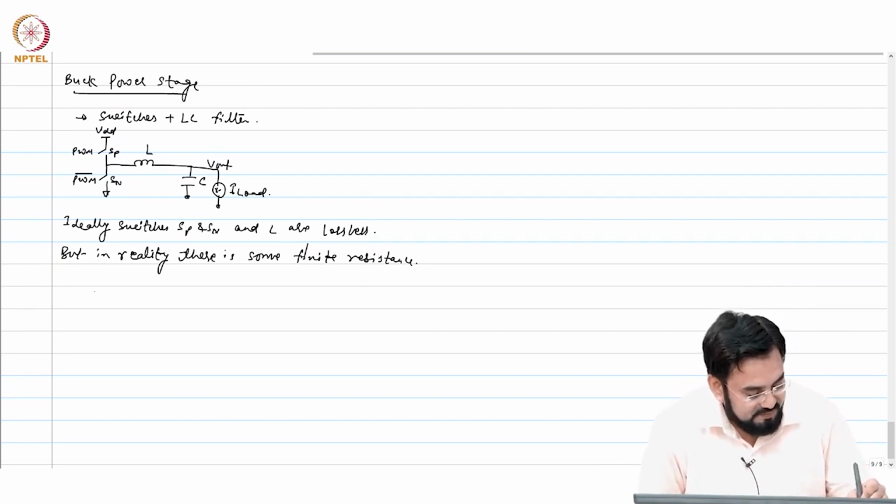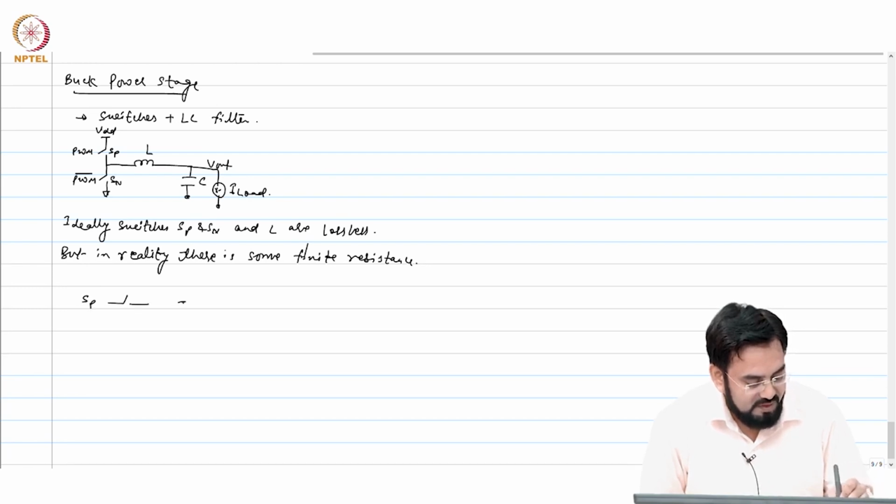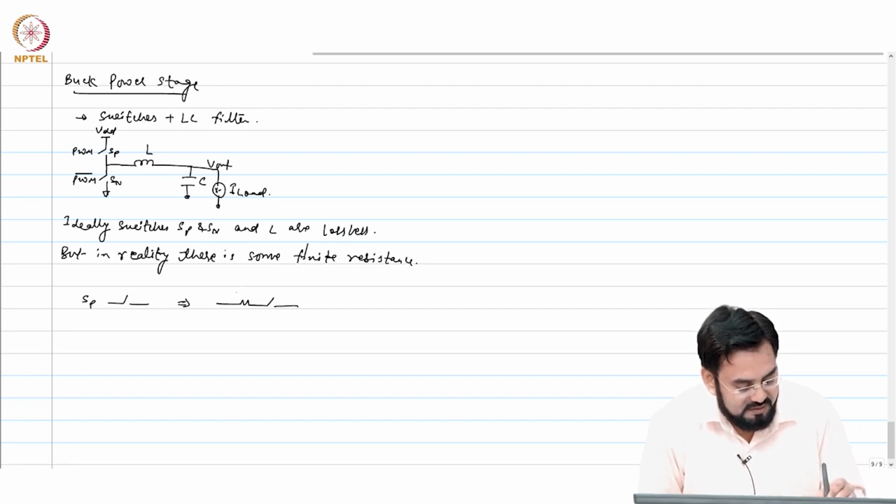So let us say SP you can model with a switch and a resistance, I will call it RP.